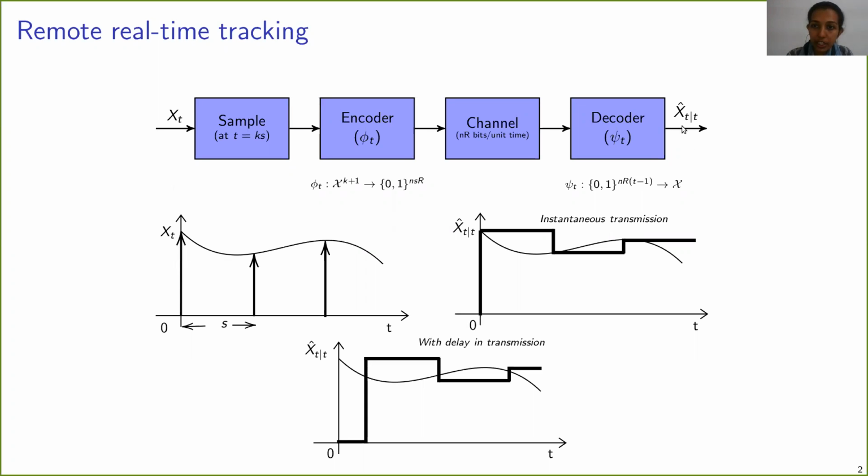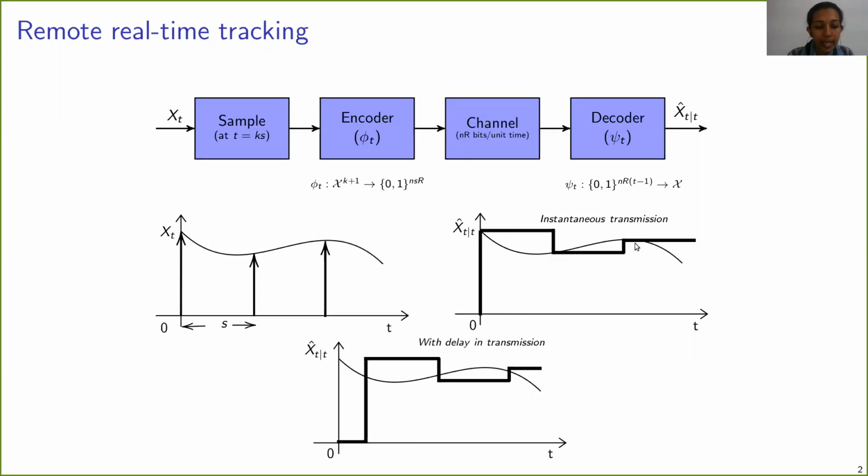We use the notation x hat t given t to denote the causal estimate of the process at time t given the communication received till time t. Now suppose this estimate looks as shown in this second figure. So here we assume that the estimate is obtained by a simple sample and hold reconstruction of the obtained samples.